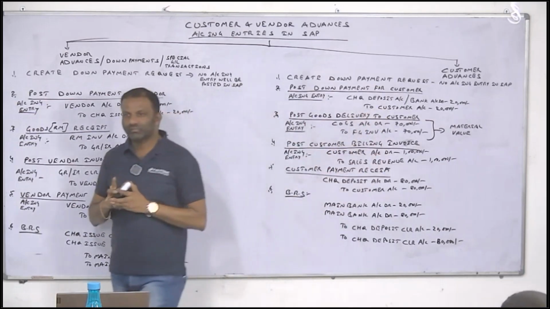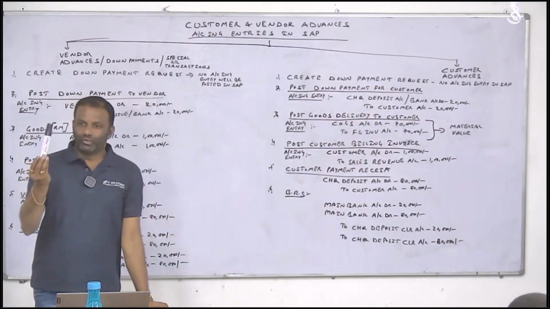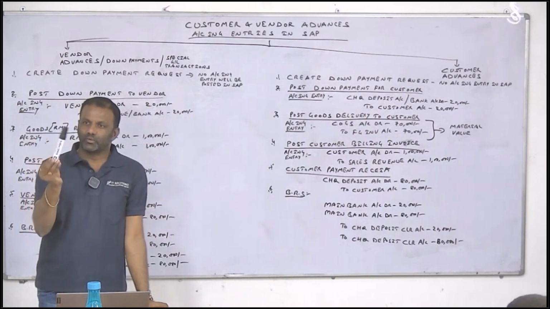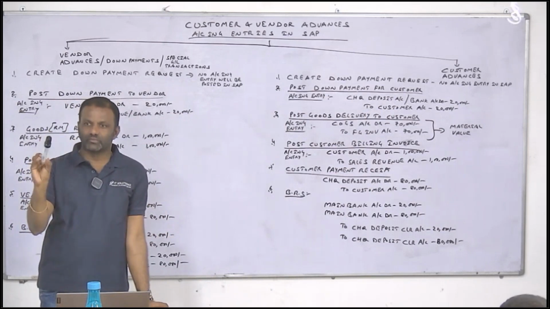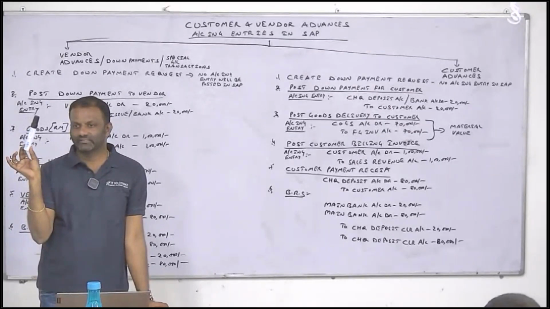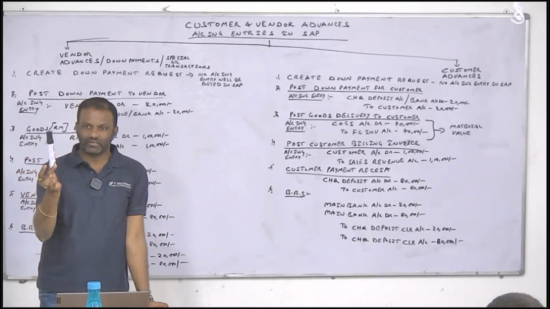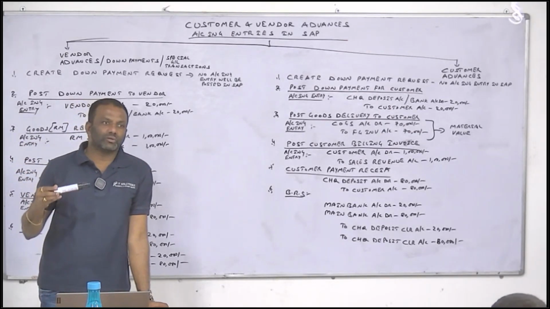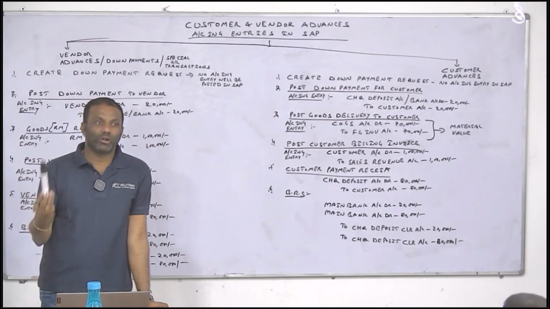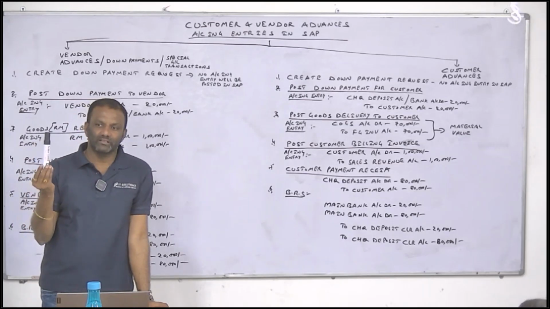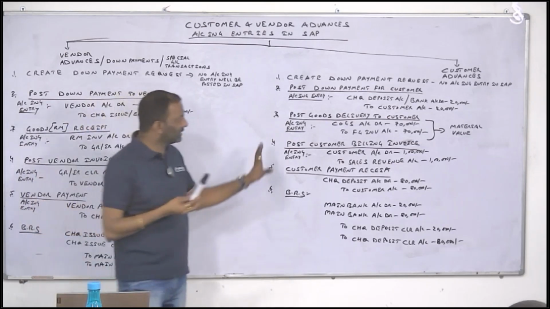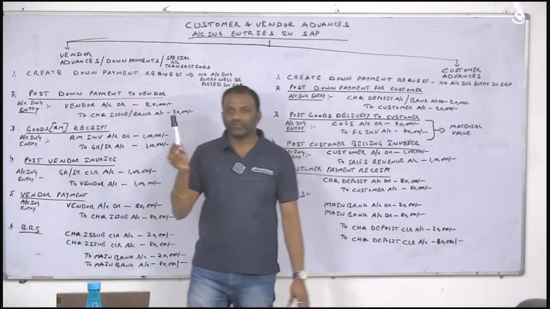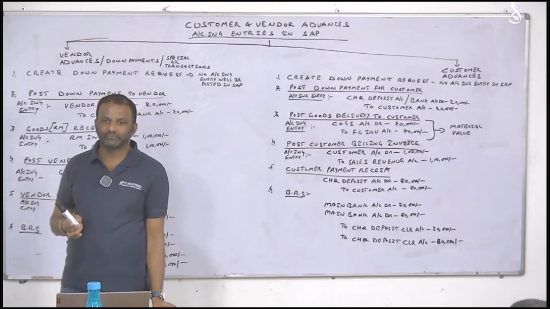For example, you have manufactured this product, and the cost value is, assume, 70,000. The price you are selling at is 1 lakh. 1 lakh minus 70,000, how much is your profit? 30,000.